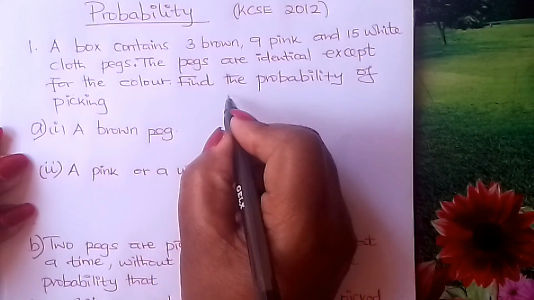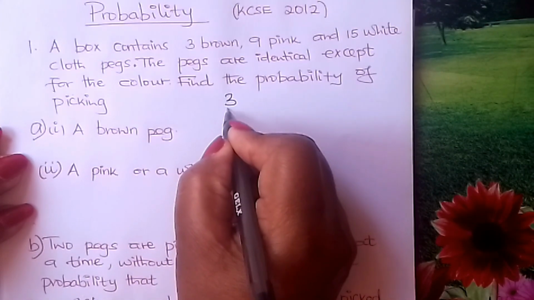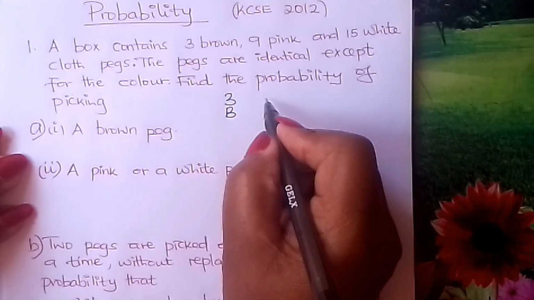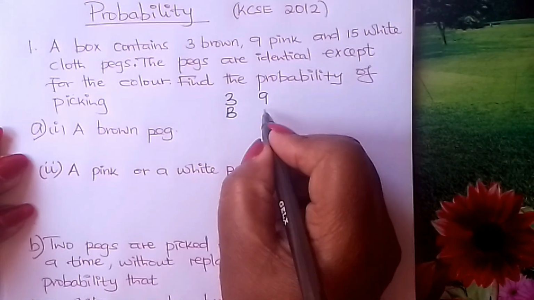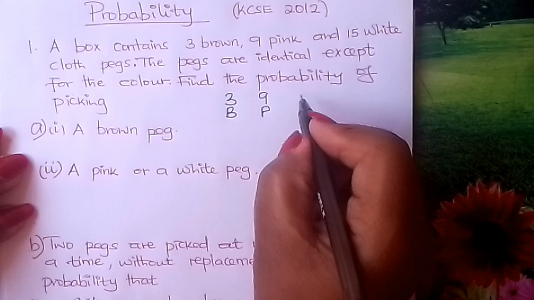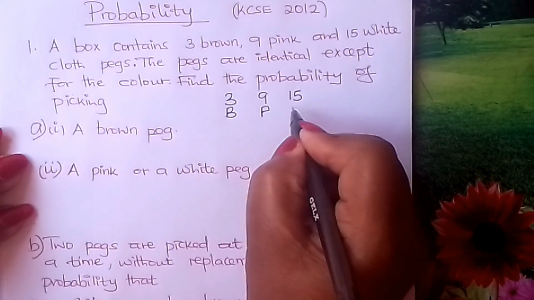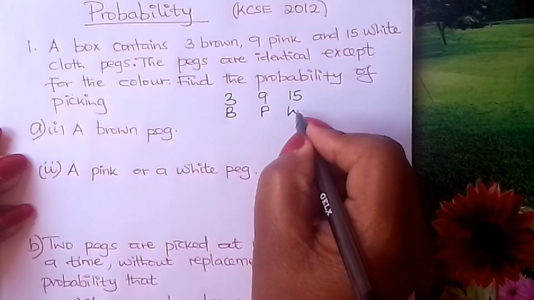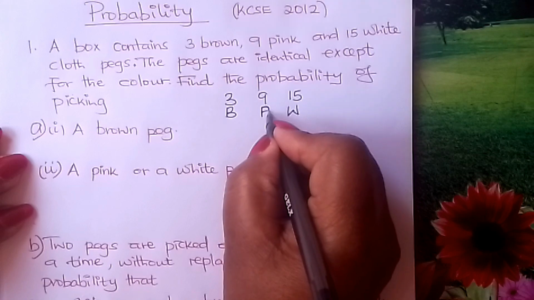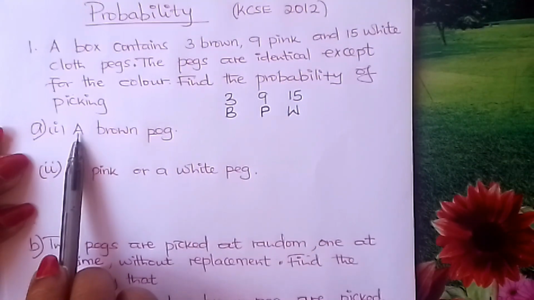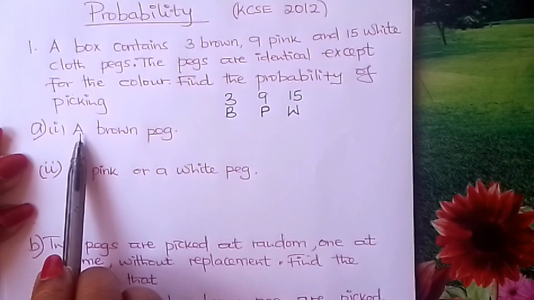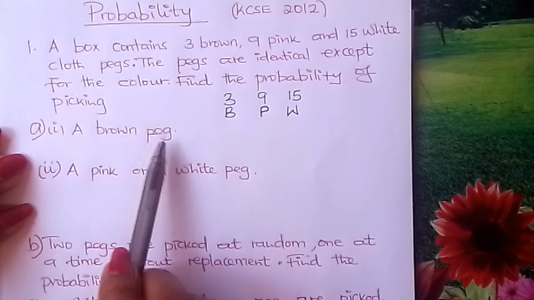So maybe you can first summarize. We have 3 brown, 9 pink pegs, and 15 white pegs in a box. We are asked to calculate the probability of picking a brown peg.